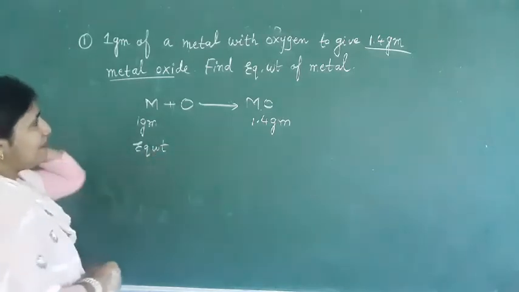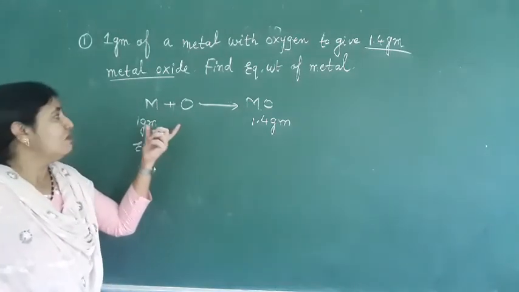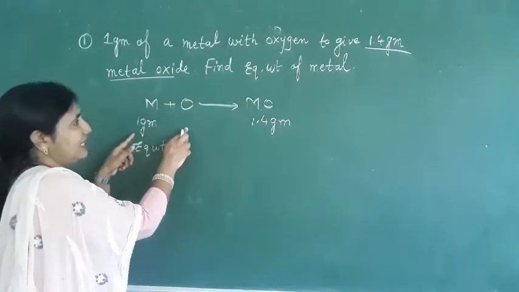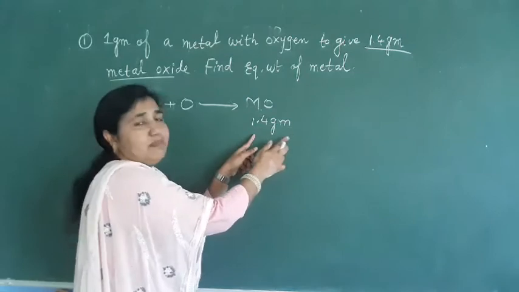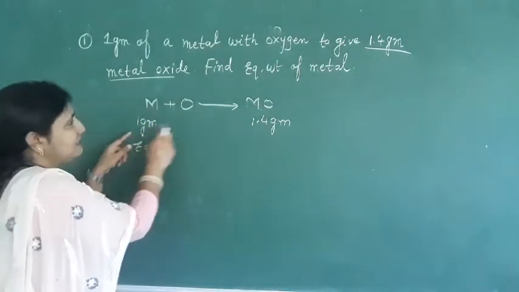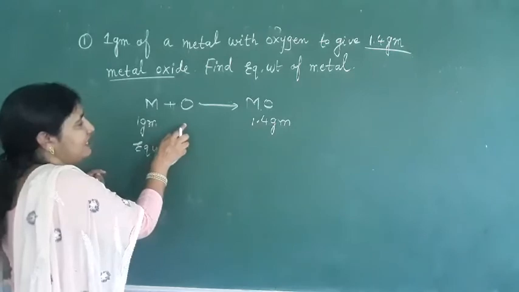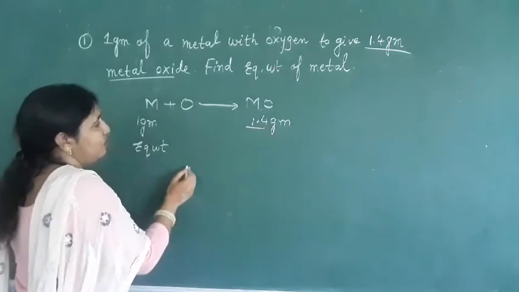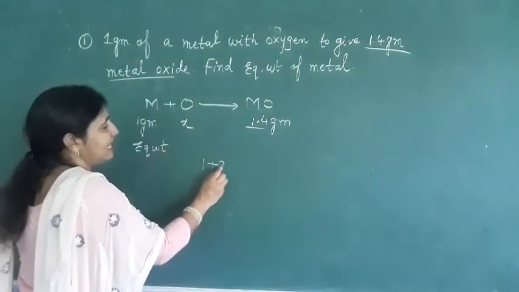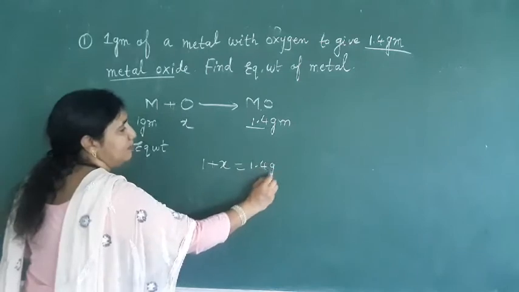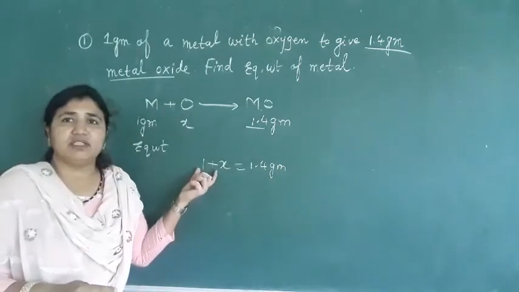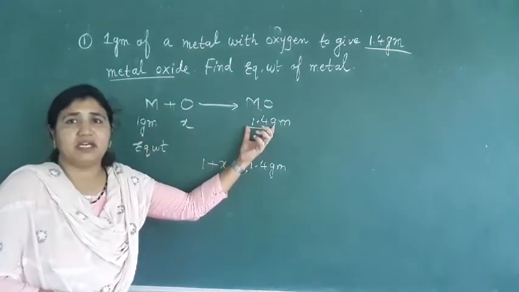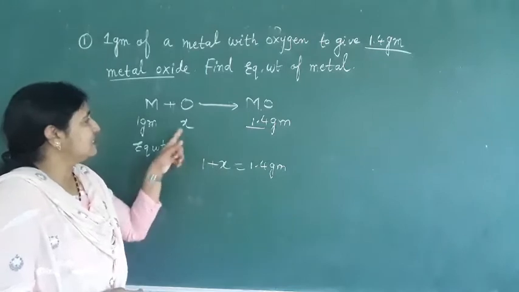Now here we can apply the law of conservation of mass. According to the law of conservation of mass, the total mass of the reactants is always equal to the mass of the products. So 1 gram is given, 1.4 gram is given. What is not given is the oxygen's mass, so let it be x.